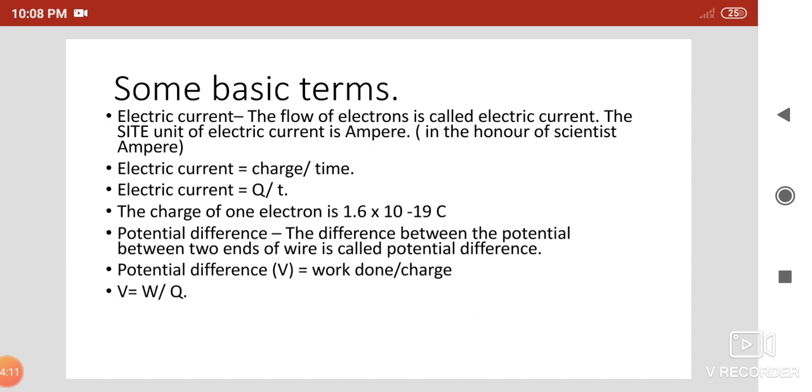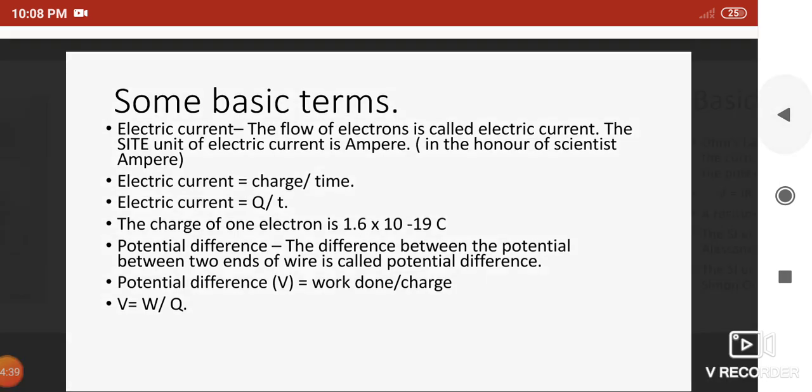So the SI unit of electric current is coulomb per second, and the new SI unit given is the ampere. In honor of the scientist Ampere, the SI unit of electric current is named ampere.